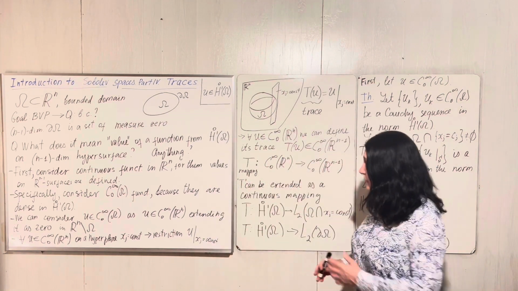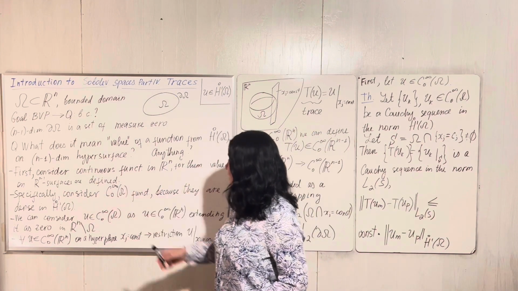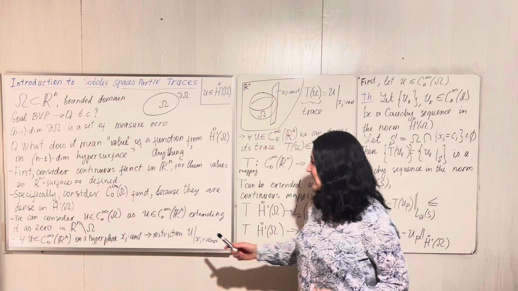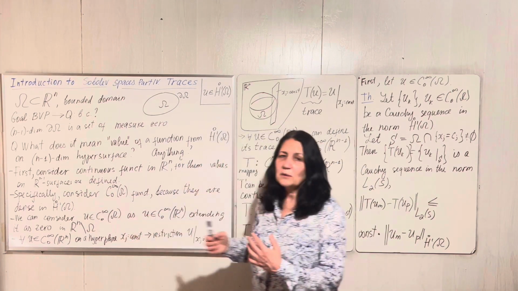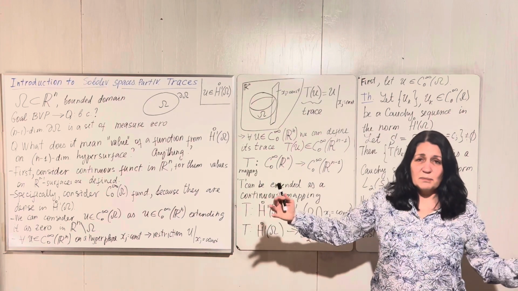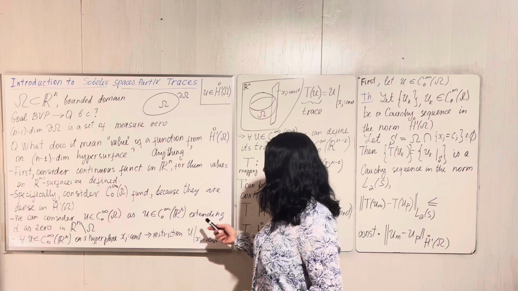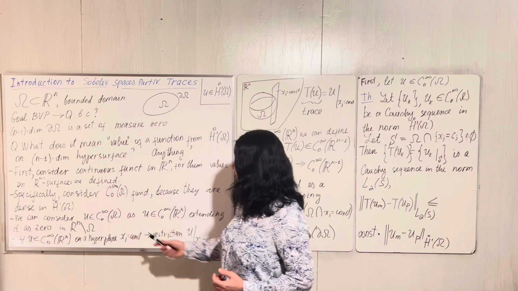And moreover, when we talk about an infinitely differentiable function with compact support, if we have a function given on omega, we can easily extend it to the entire space Rn by setting 0 values outside of the domain omega.